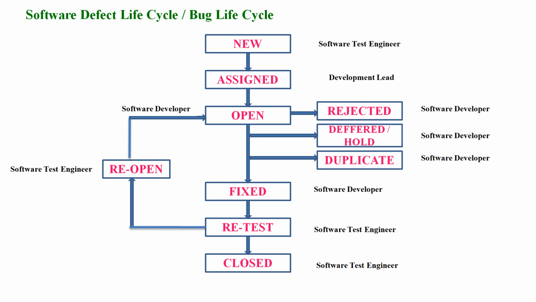How will the software developer fix the defect? By modifying the code. Okay, that is a different story. So once the concerned developer has fixed the defect, immediately he will change the status of the defect as fixed.